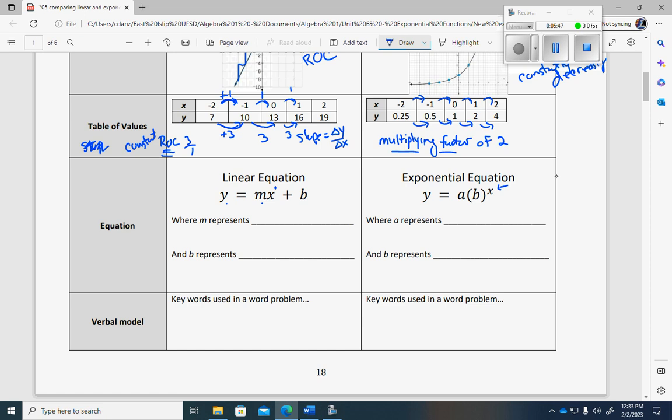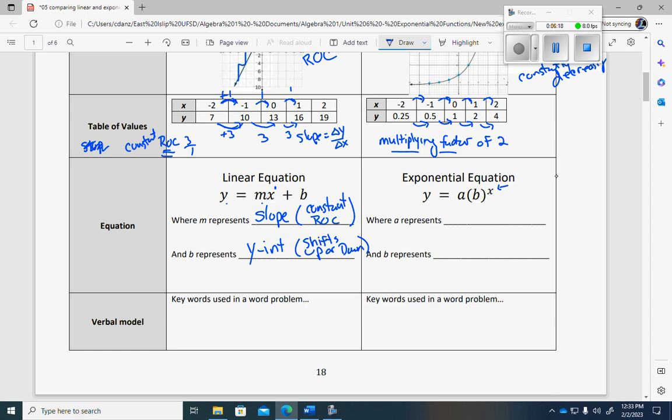In linear functions, m stands for slope, which is actually the constant rate of change, and b stands for the y-intercept. Actually, it is a y-intercept, but it does show us shifts. It tells us whether the function shifts up or down along the y-axis.